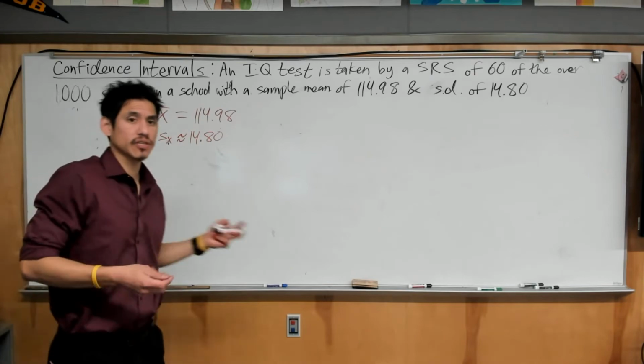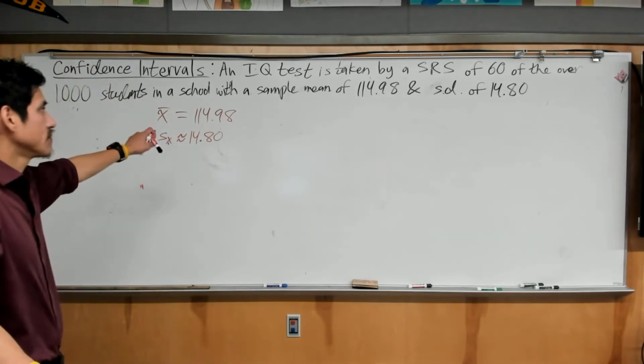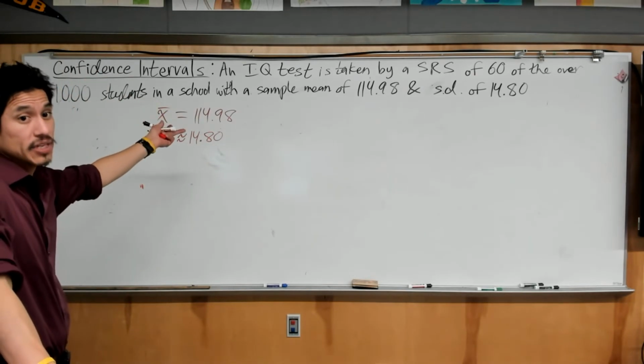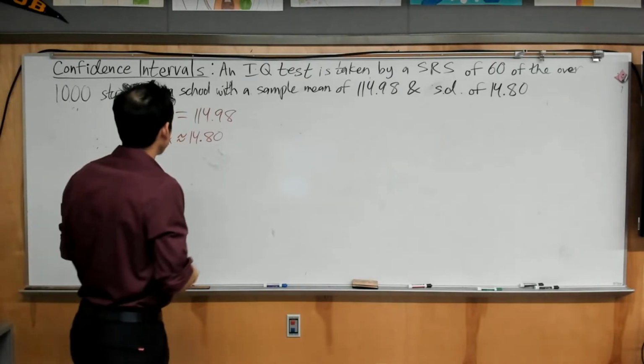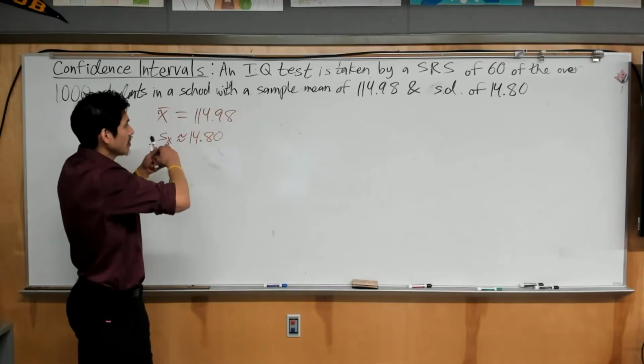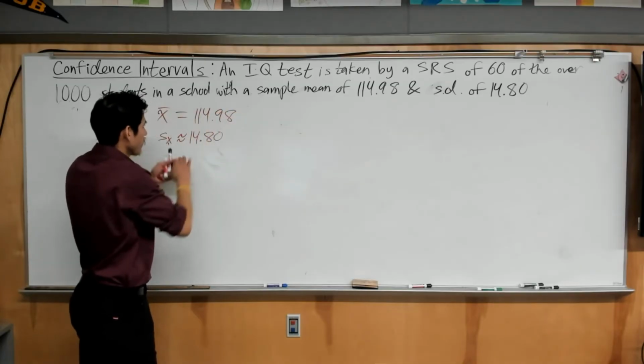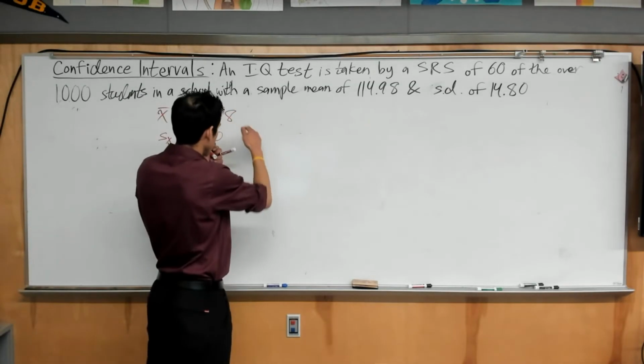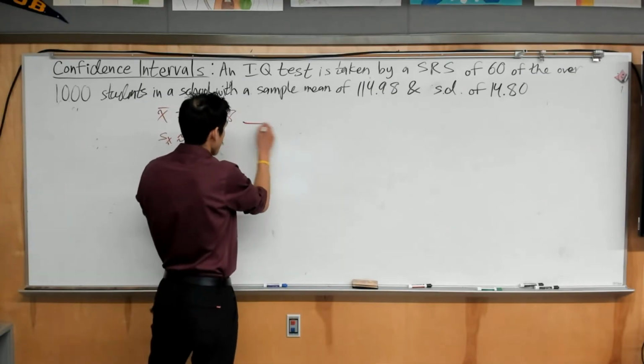So if we want to construct a confidence interval for estimating the population mean, we use the same principle as we did with population proportion. We start from here. We center our confidence interval at this value.